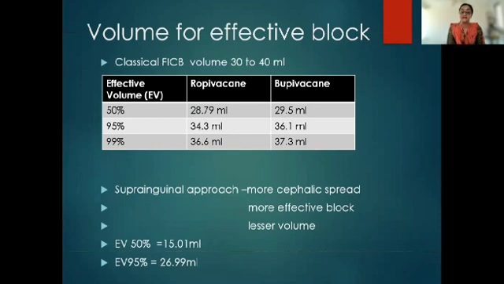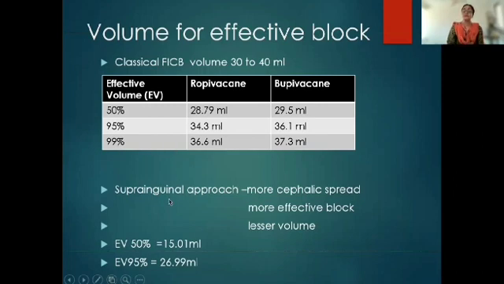And to get a 99% block, it is 36.6 and 37.3 ml for bupivacaine. Hence, the good effective block volume, the average dose, is around 36 to 37 ml. That means as you increase the volume, the efficacy of the block also increases.